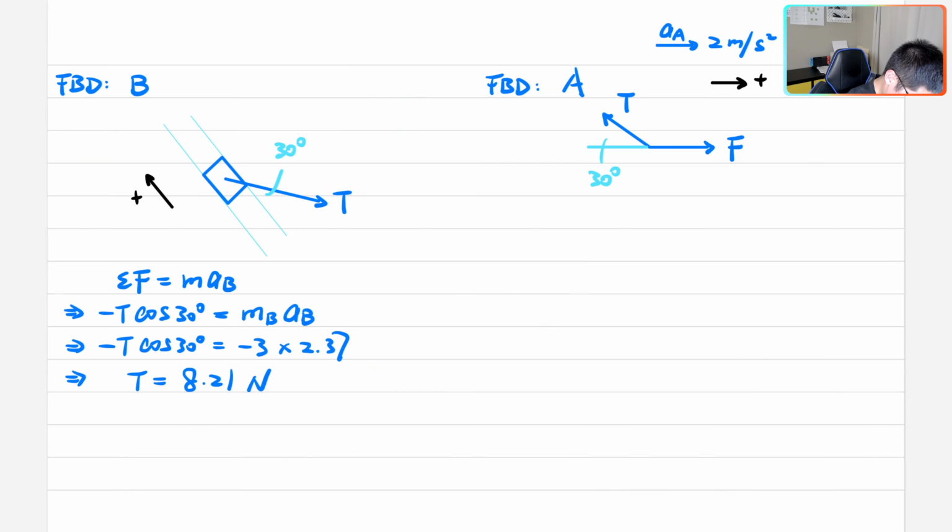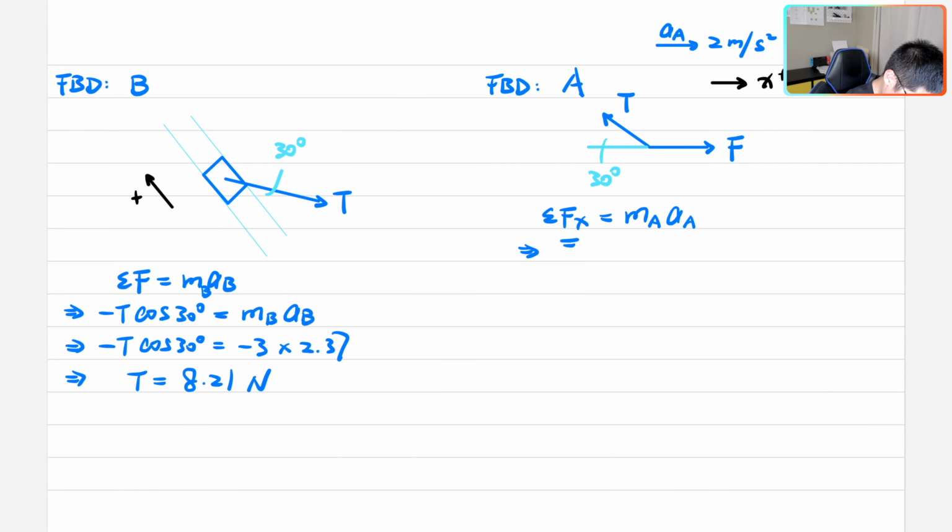Therefore, if we do a sum of forces, we'll call this the x direction, our positive x direction. Sum of F_x will be m_A a_A. Looking at the horizontal, we have the sum of forces, with the T component broken into here.